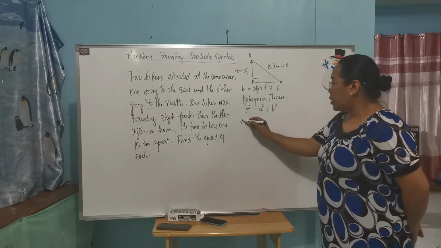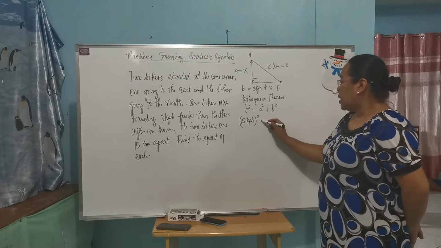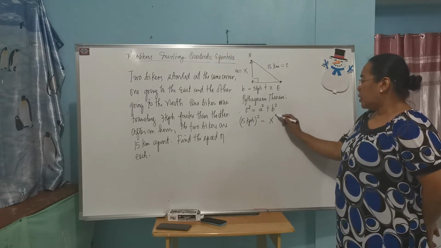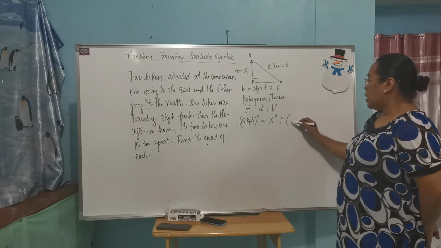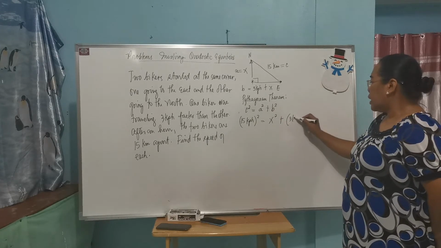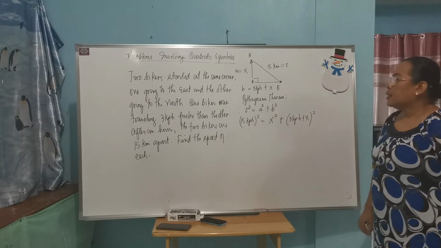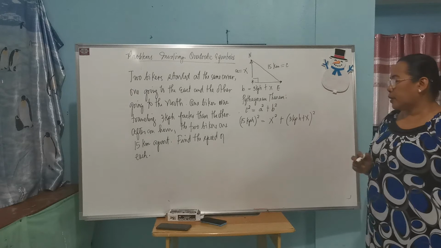So we are going to have 15 kilometers per hour squared is equal to, our altitude is x, we need to square that, plus we need to square also our base, which is 3 kilometers per hour plus x. So this is now your Pythagorean theorem.